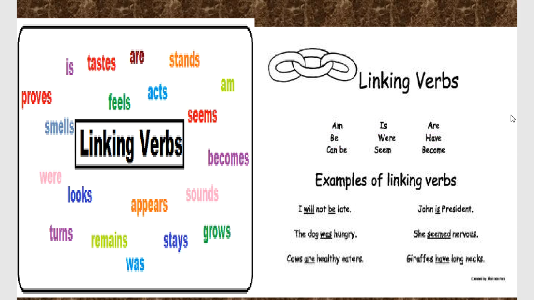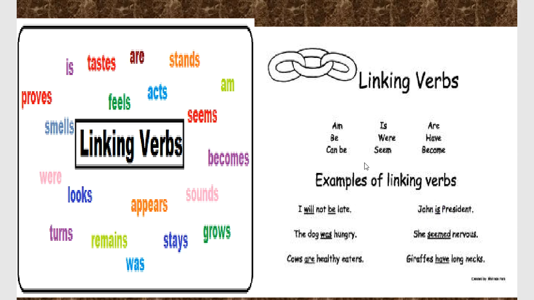For example, if I say that John is president of the cultural committee, here we are not using the word is as an auxiliary verb. But we are linking John with the rest of the sentence. So here is is doing the work of a linking verb, not an auxiliary verb.